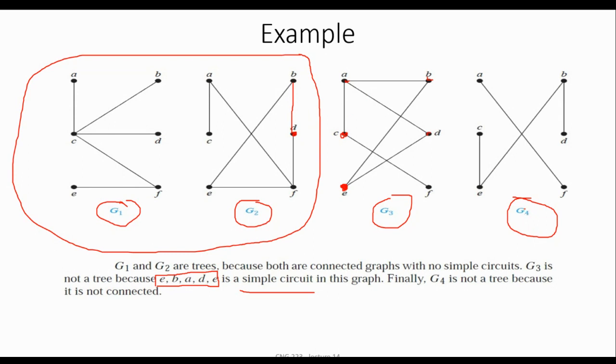What about G4? G4 is not connected. Now, this is the best time to show what I mean by connected. It means that for all the vertices, there should be a path that we can take to reach them. So here, as you can see, from D to C, all of them are connected. But here, A to F is connected.